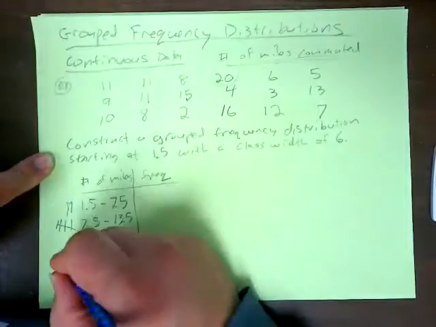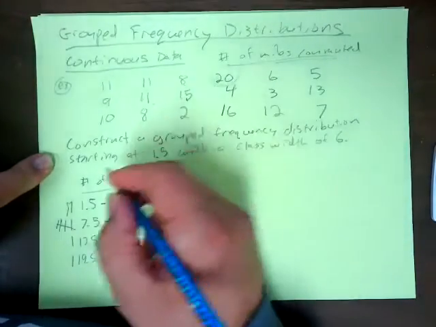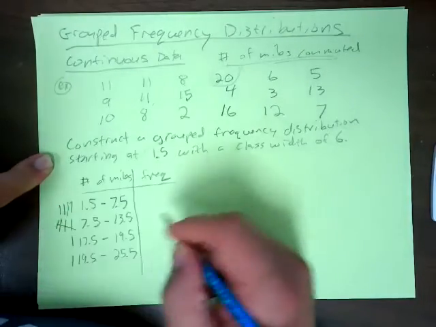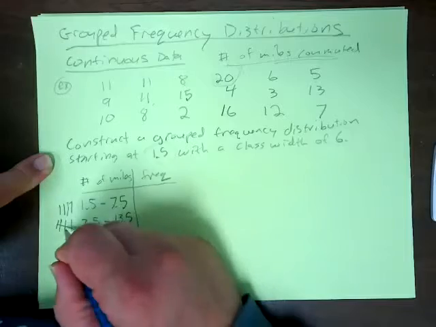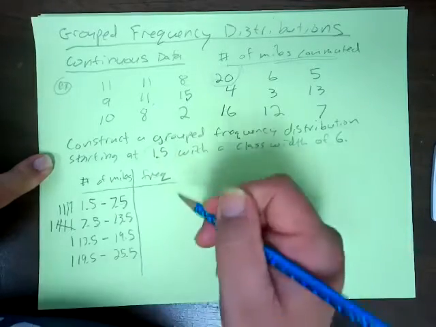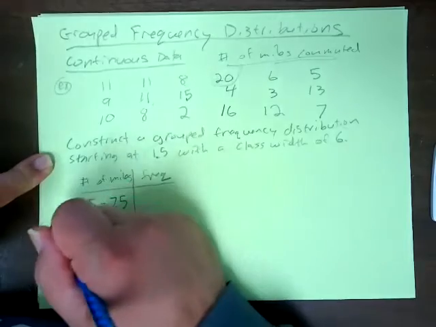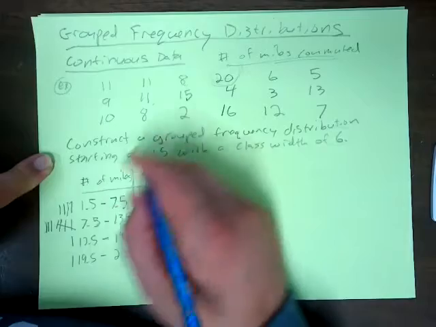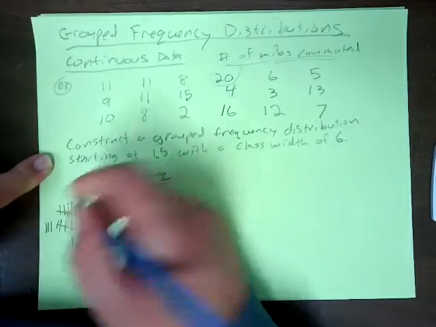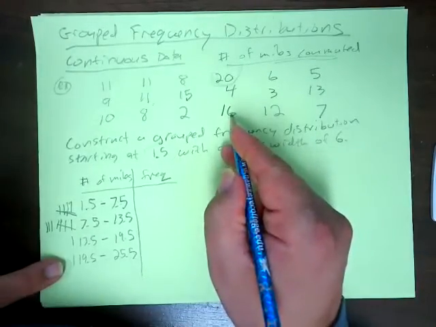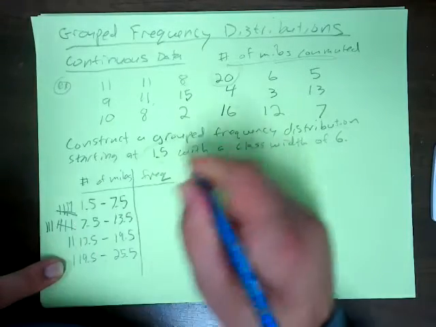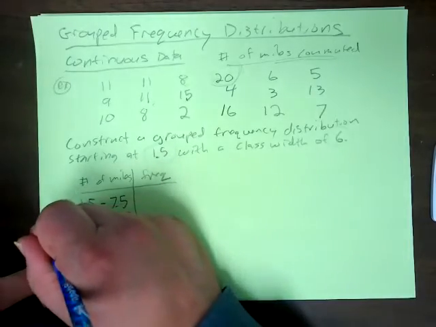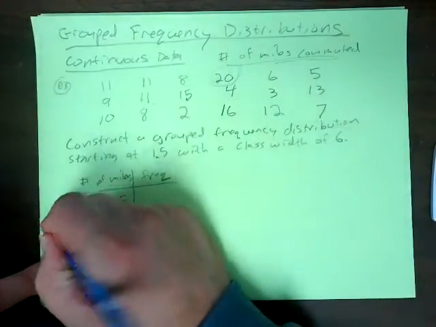And then 15 is right here, 4 is right here, 3 right there, 13 is going to be right here, 10 is right here, 8 right here again, 2 up here, 16 looks like that's right here, and 12 is in this one, so another one there, 7 up here.